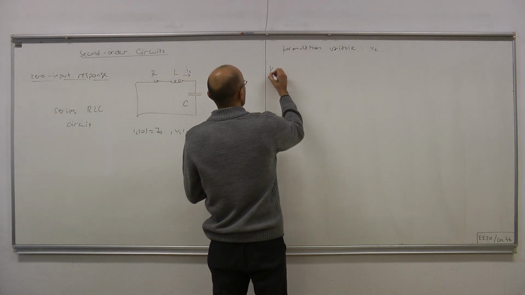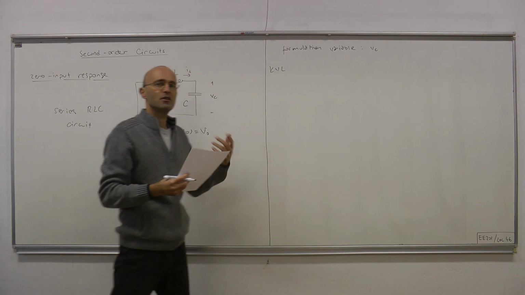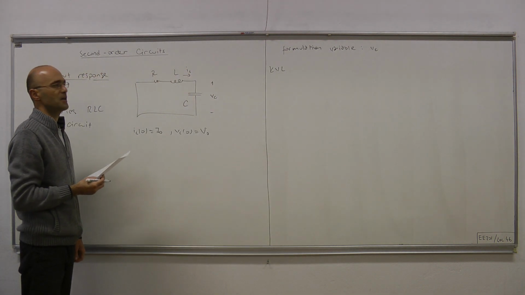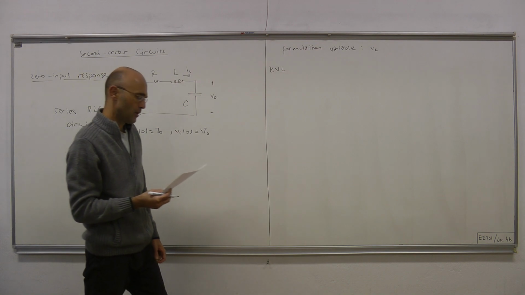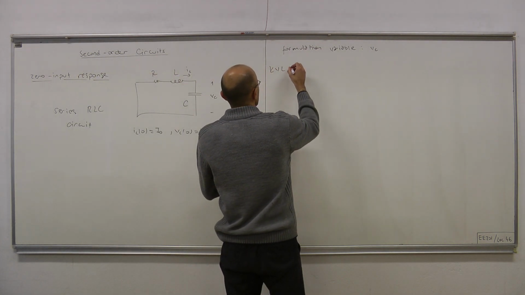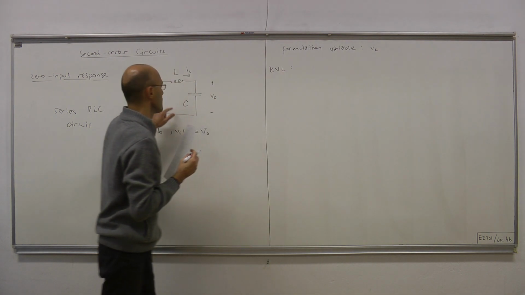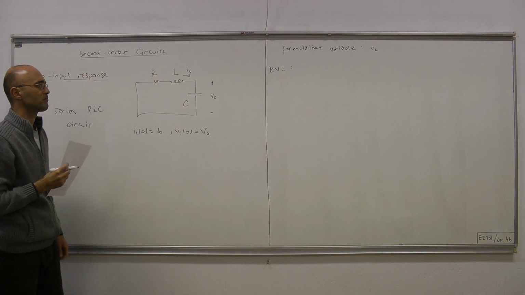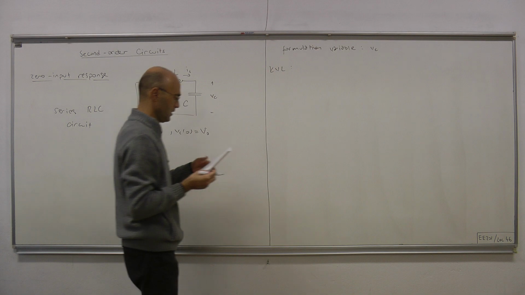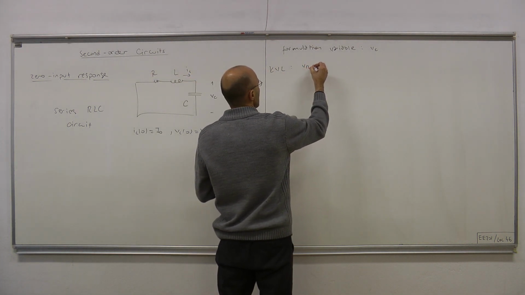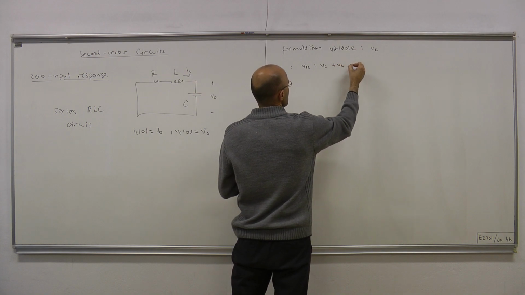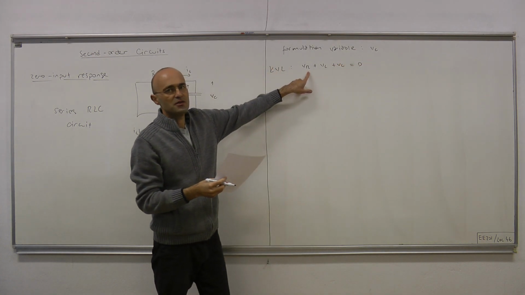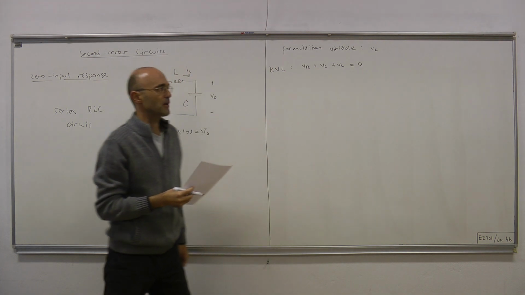So let's start from KVL, and then using the terminal equations and KCL, we will hopefully obtain the differential equation that we're looking for. By KVL, the sum of these three voltages equals 0. So we have VR plus VL plus VC equals 0: resistor voltage, inductor voltage, and capacitor voltage.